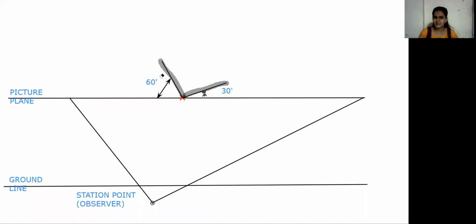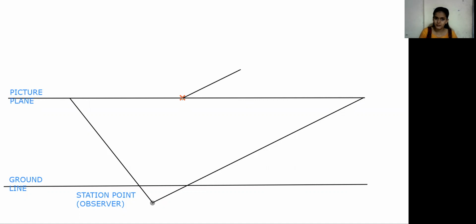I'm erasing this 30-degree and 60-degree lines and drawing it again. Our plan will be like a double rectangle. At this 30-degree line, you need to consider 4.6 meter, means 4.6 centimeter here.